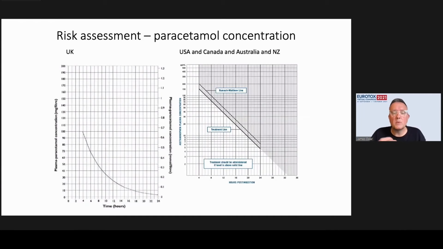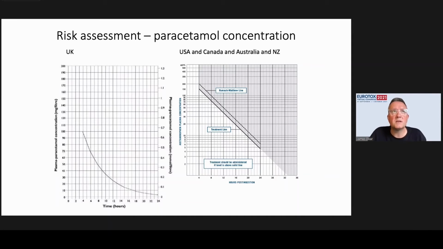To go into that in a bit more detail, what we do, and it's actually quite crude when you think about it, is we measure the paracetamol concentration and we ask the patient, how long ago did you take the overdose? Then we plot the paracetamol concentration against the time from overdose, and we have a line.